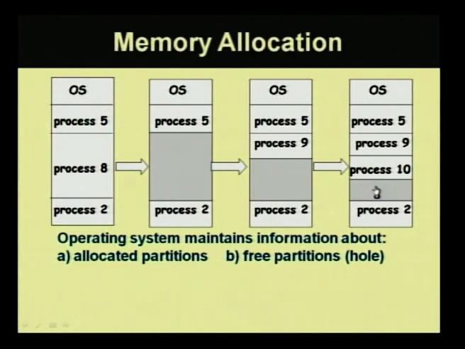You can visualize the larger hole gradually getting smaller and smaller, and once this hole becomes so small that it cannot be allocated to any other process, the operating system stops allocating processes inside the memory. This is how memory allocation happens inside the operating system.